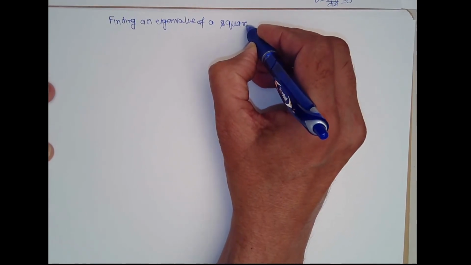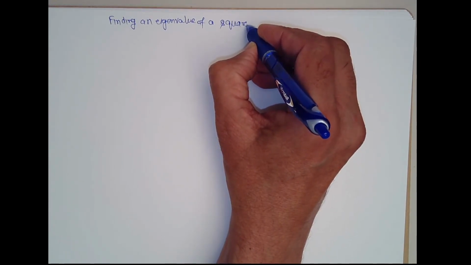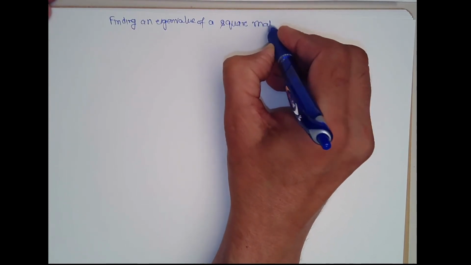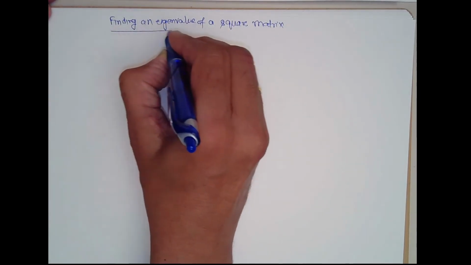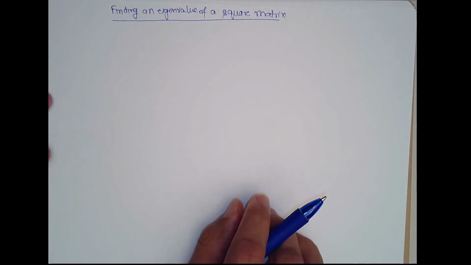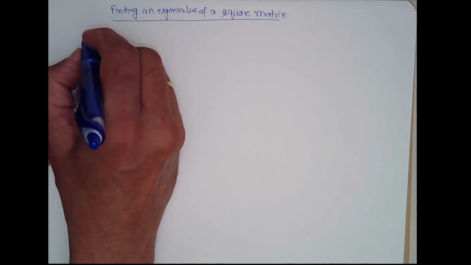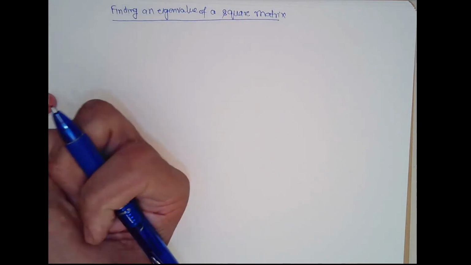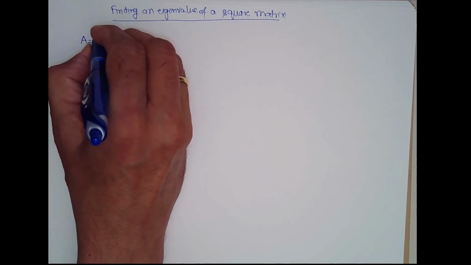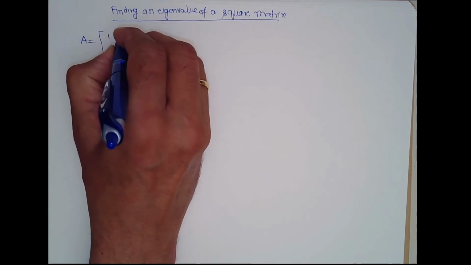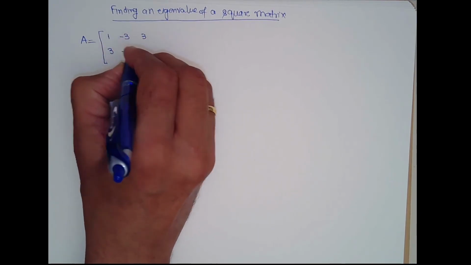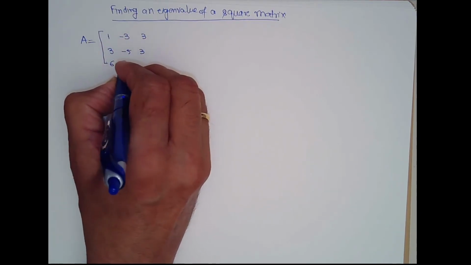Eigenvalue is a property of a matrix. So, let us say we have a matrix like 1 minus 3 3, 3 minus 5 3, 6 minus 6 4.